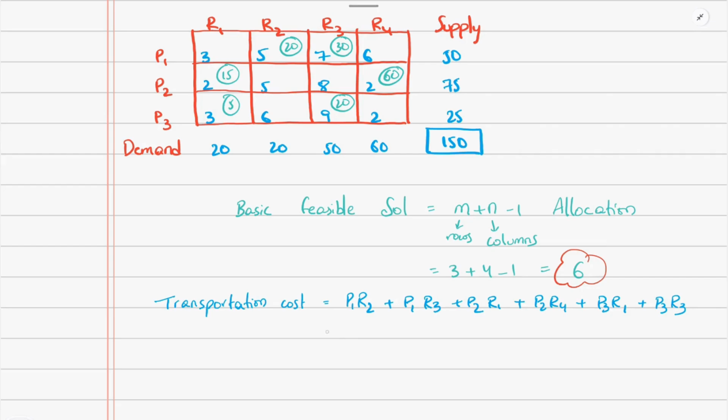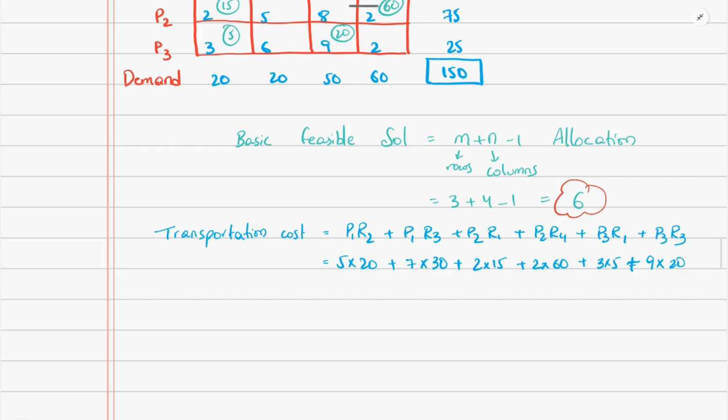I hope I covered everything. Now let's see P1 to R2. The cost is 5. We supply 20 units plus P1 to R3 7 rupees 30 units. P2 to R1 2 rupees 15 units. P2 to R4 2 rupees 60 units. P3 to R1 3 rupees 5 units. P3 to R3 9 with 20 units. So these are basically our costs.